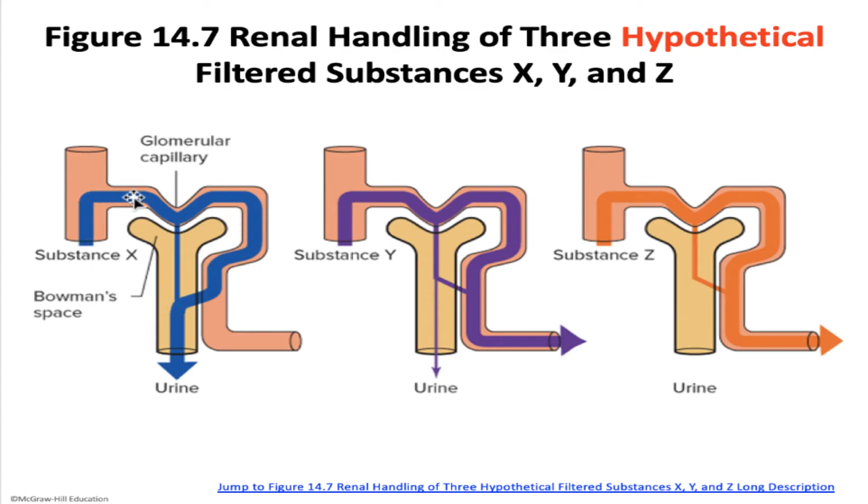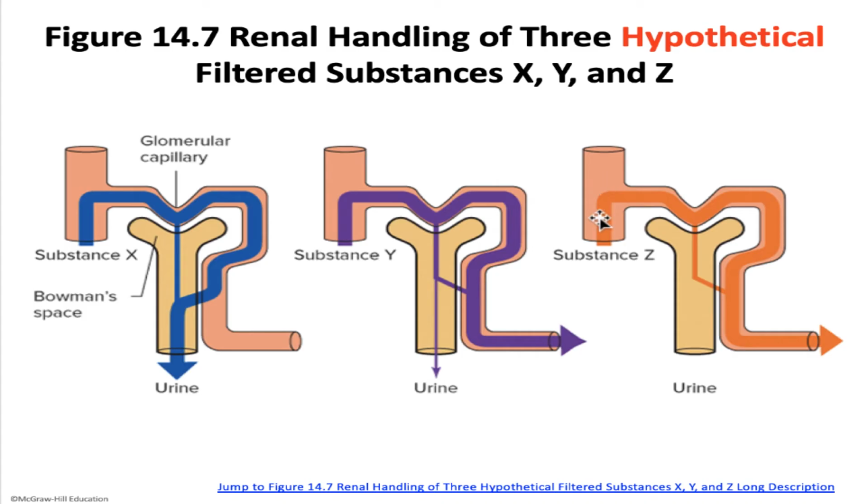Here we have something that is not filtered much, a tiny amount is, but it's mostly secreted later on by the interaction of the vasa recta with the nephron. The center hypothetical shows a purple substance which is filtered to a small degree, but is then mostly reabsorbed, so that a tiny amount is excreted by the kidney.